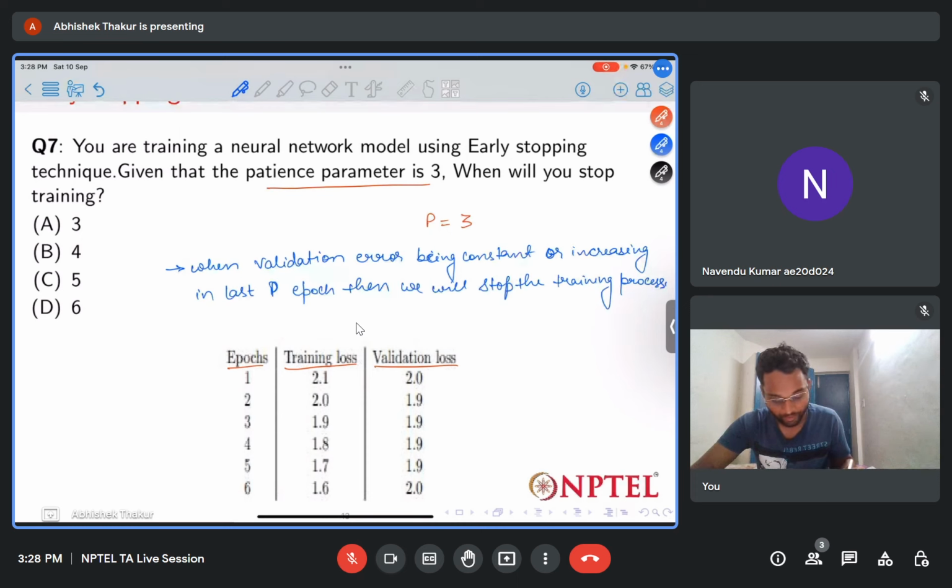Now we will check at which epoch number we will stop.